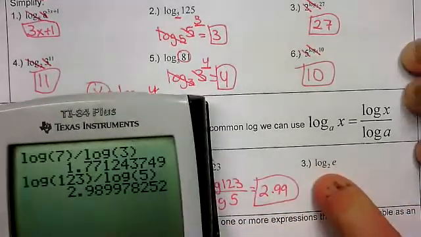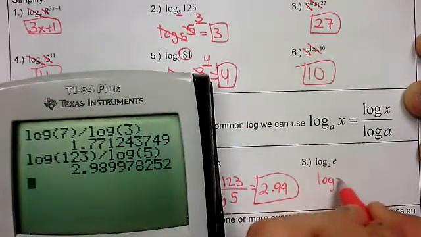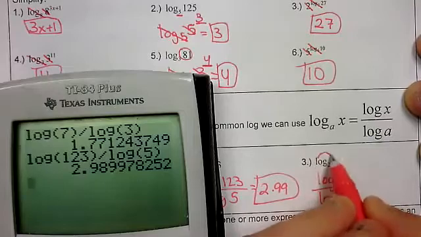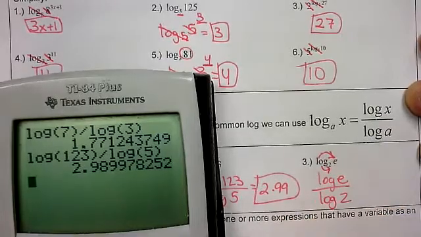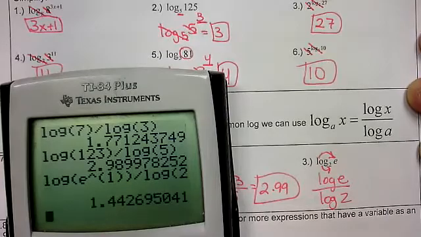And then this last one is log base 2 of e. Okay, so I'm going to have log e over log 2. So distribute that to both of those. So log e, and it's e to the first power because it's just e. And make sure you close both of those parentheses, divided by log base 2.